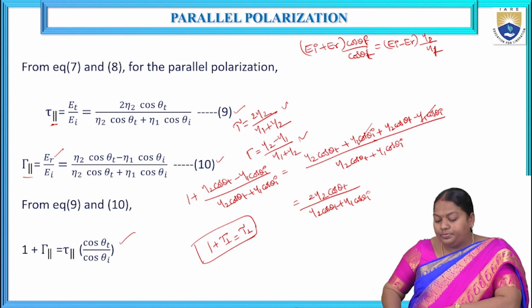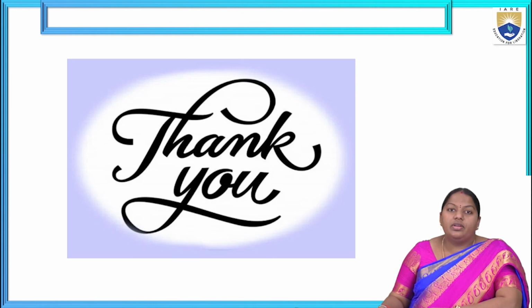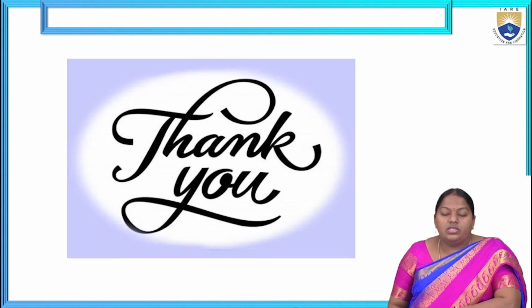So with this, what we have learnt in this lecture is, firstly, how many types of polarizations occur. Depending upon that, we analyzed parallel polarization. To analyze this, first we considered three propagation vectors for the incident wave, reflected wave, and transmitted wave. From the propagation vectors, we wrote all six field intensities, the electric field intensity and magnetic field intensity vectors for the incident, reflected, and transmitted waves. We considered a lossless dielectric medium.